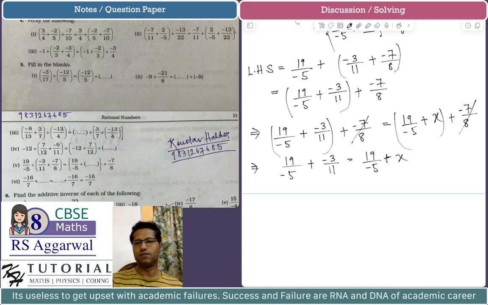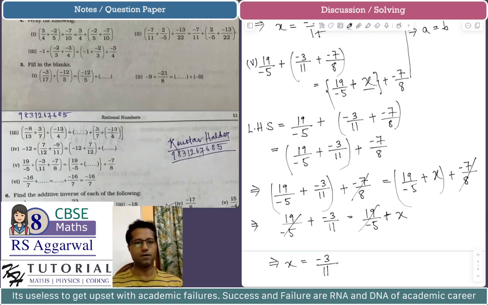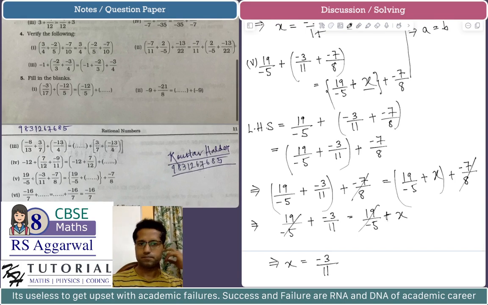Now again we will cancel out the similar term 19 by minus 5 from both sides, and hence we get x equals minus 3 by 11. So in the fill in the blanks the rational number will be minus 3 by 11. I hope you got the idea. Using this concept you can definitely solve the remaining problems.